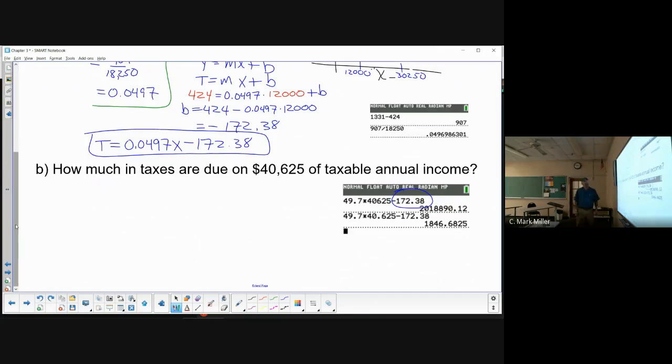All right. How much taxes are due on 40,625? So the taxes due on 40,625 is 0.0497 times that number minus 172.38.